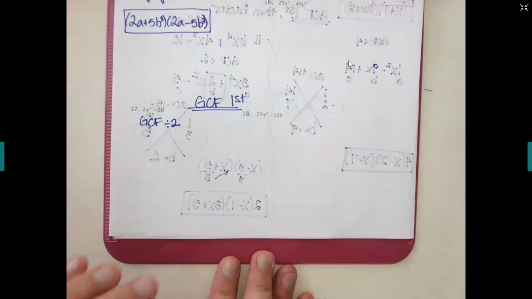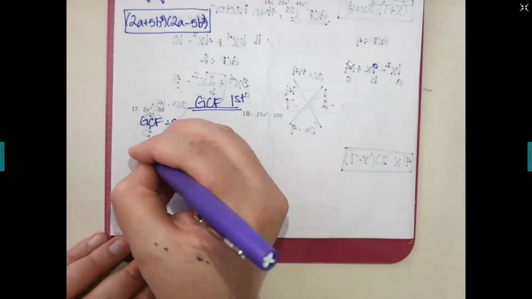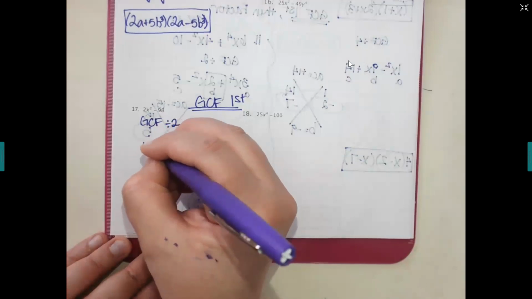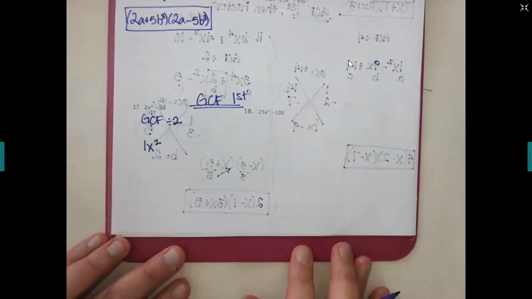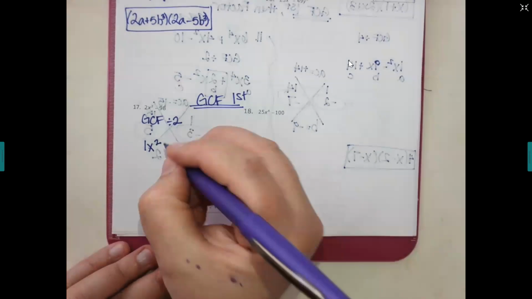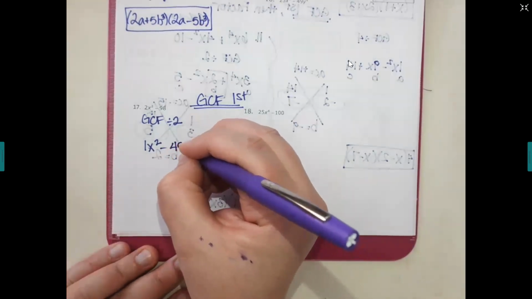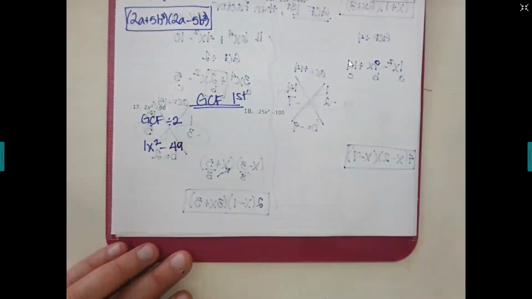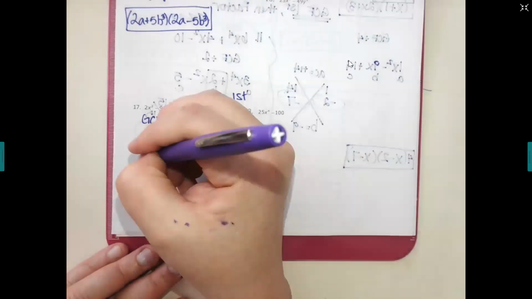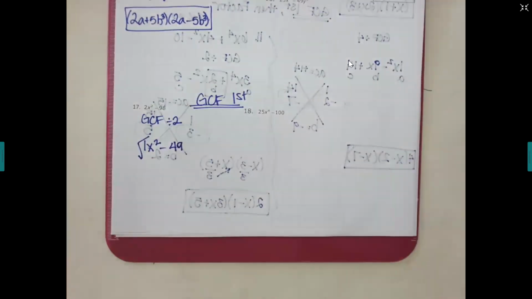My 2x squared is now a 1x squared. What happens to my minus 98 when I divide it by 2? Close, should be 49. And then I'm going to now do my perfect squares. Remember that 1 is a perfect square. The square root of 1 is its own self.